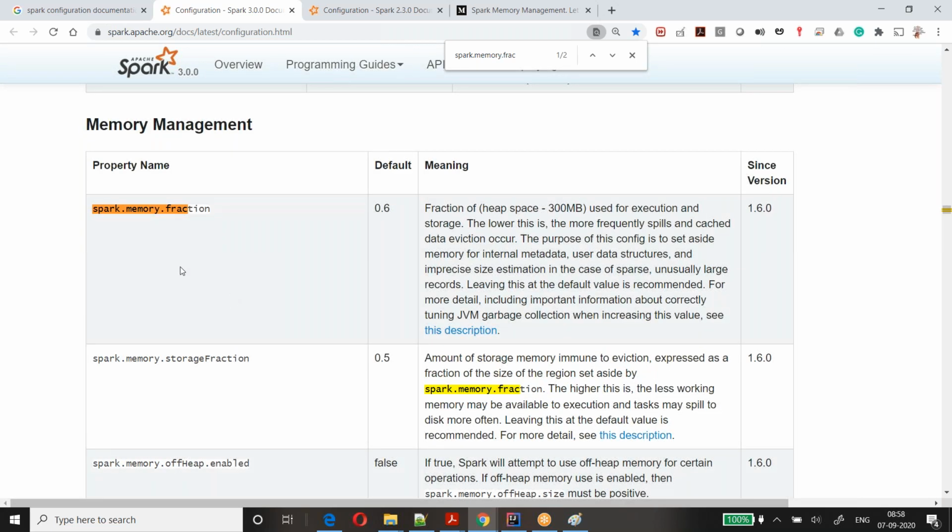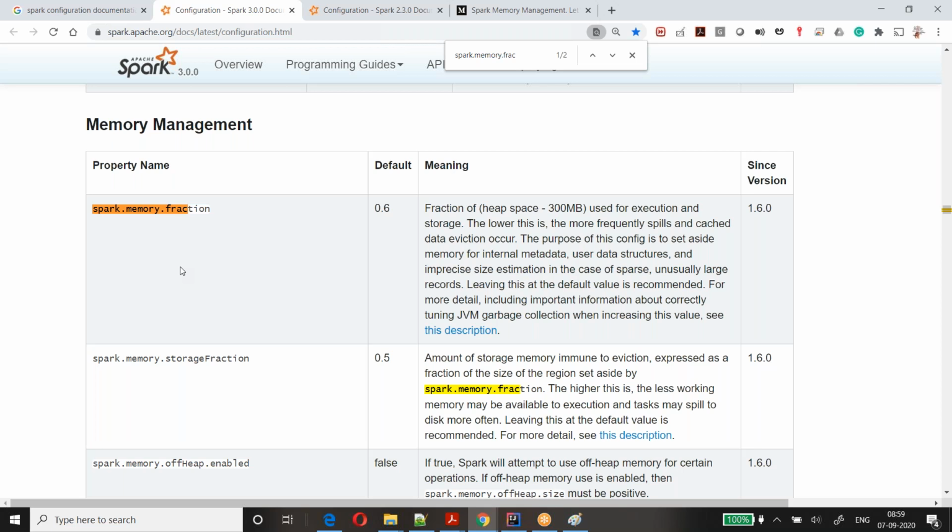Any questions? What are the different types of transformations? Narrow and wide. So what is the purpose of narrow and wide? To divide the stages.